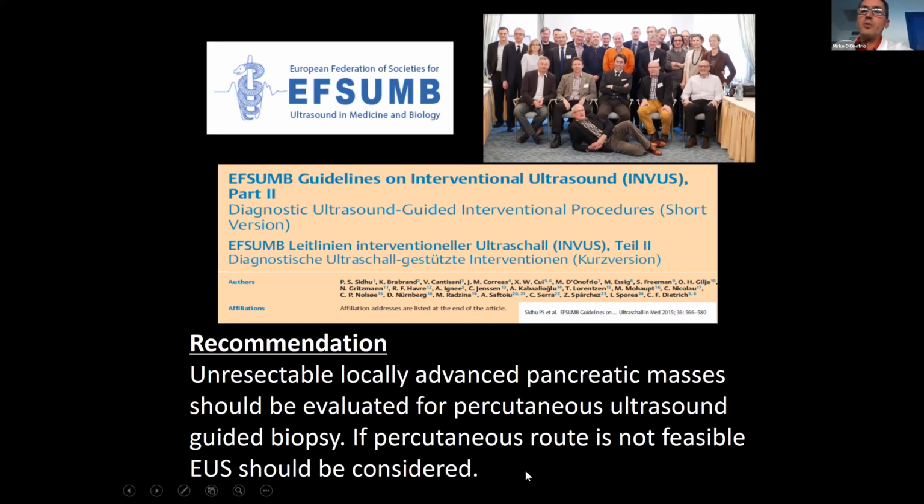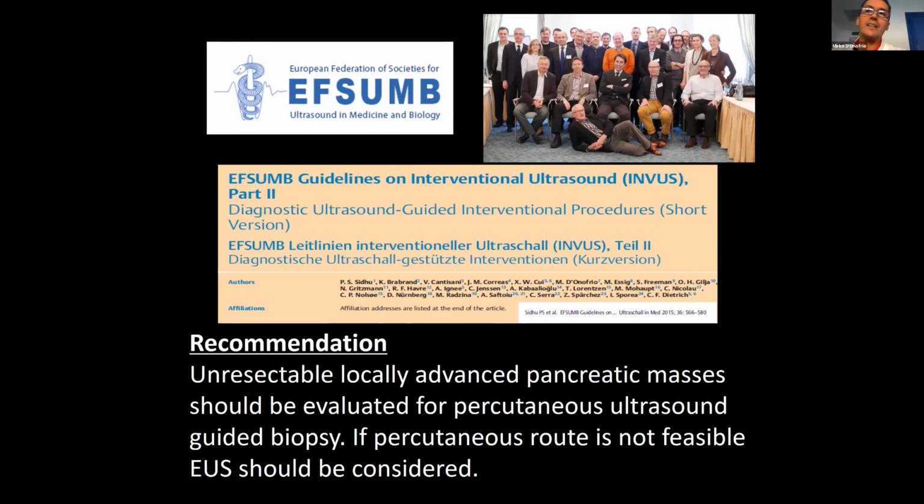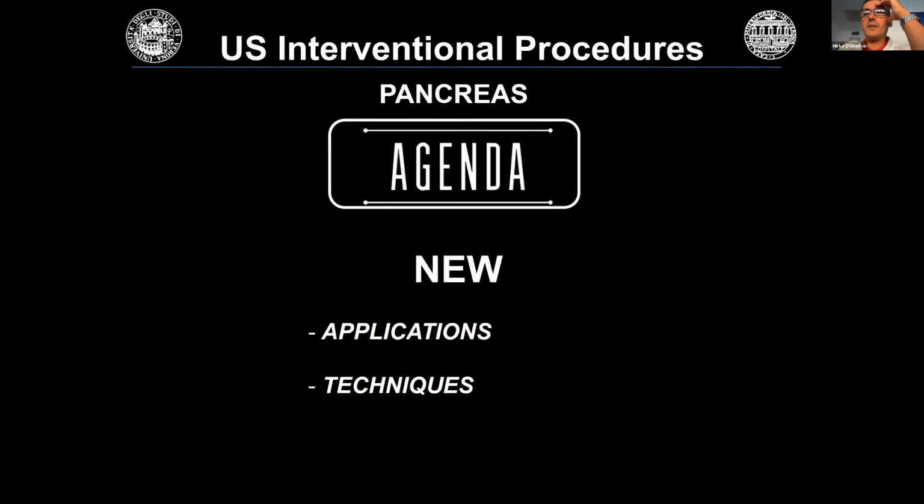If it's not visible, because we know the pancreas is not always visible, we need to be skilled enough to try this approach. And if it is not visible, we do not need to try with multiparametric, because B mode is essential to guide the aspiration or biopsy of our pancreatic mass.